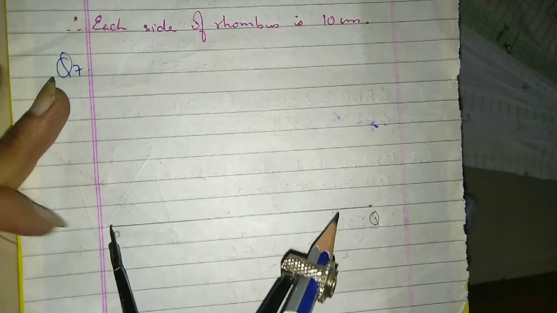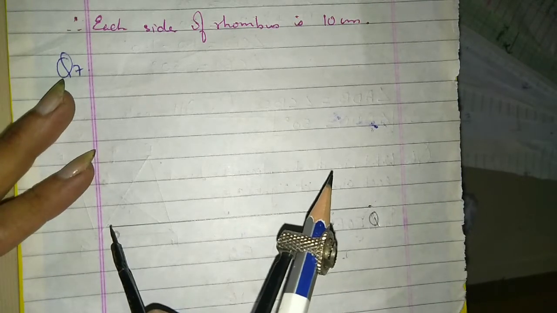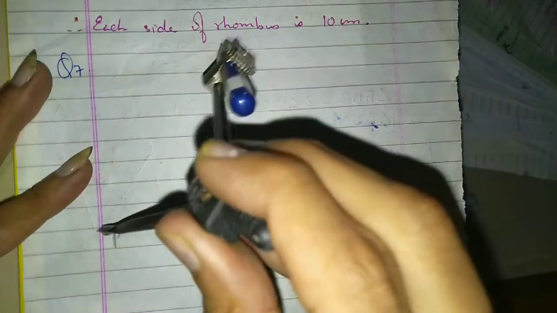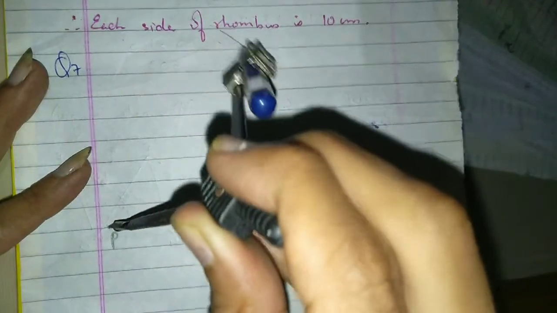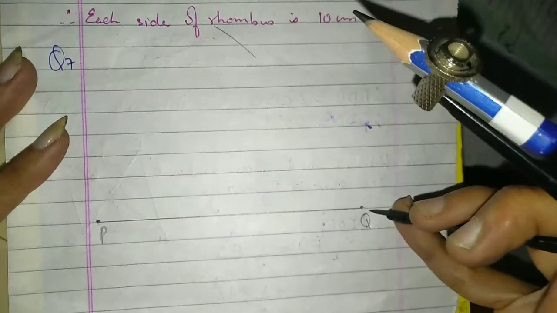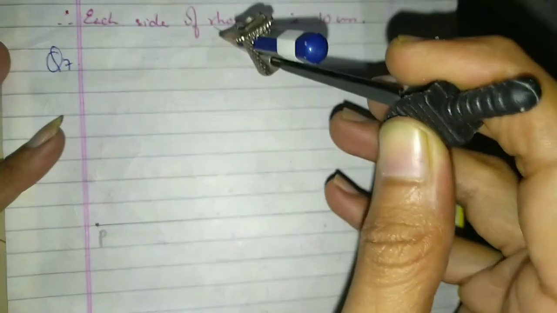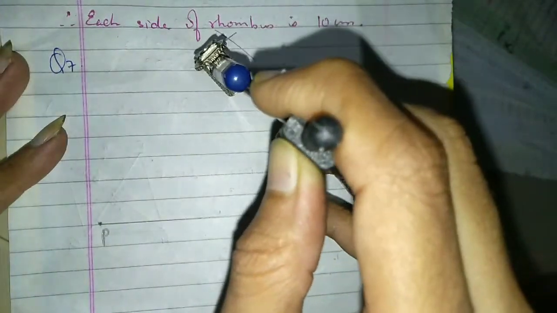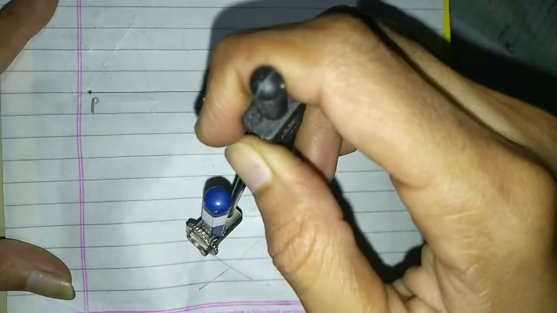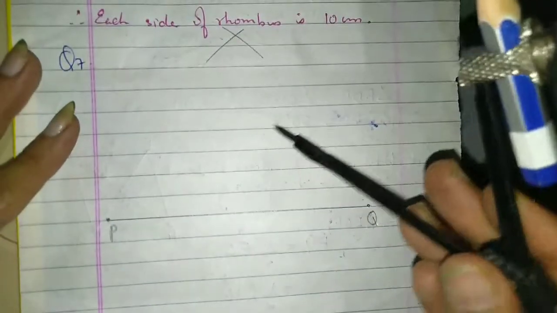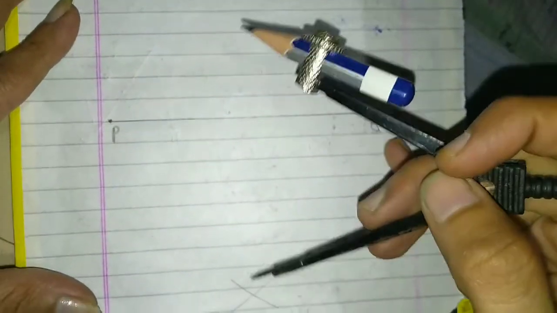Then, with the needle on point P, I am drawing one arc on the upper side and another arc on the lower side. Same way, with the same measure, from point Q, we have to cut the arcs. Now we have to join these two arcs, this and this one. Now let us join this with the scale.